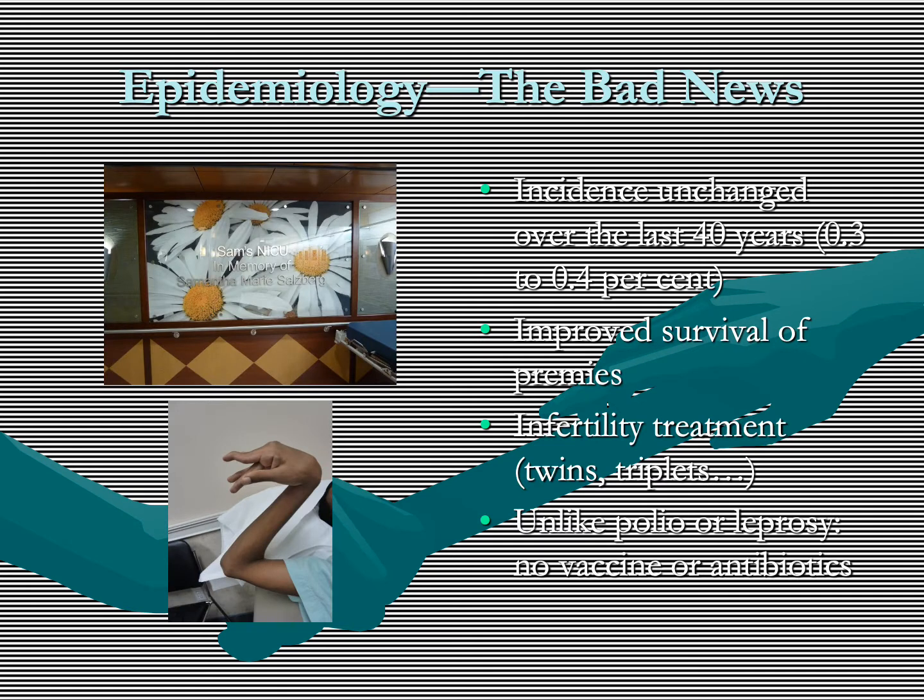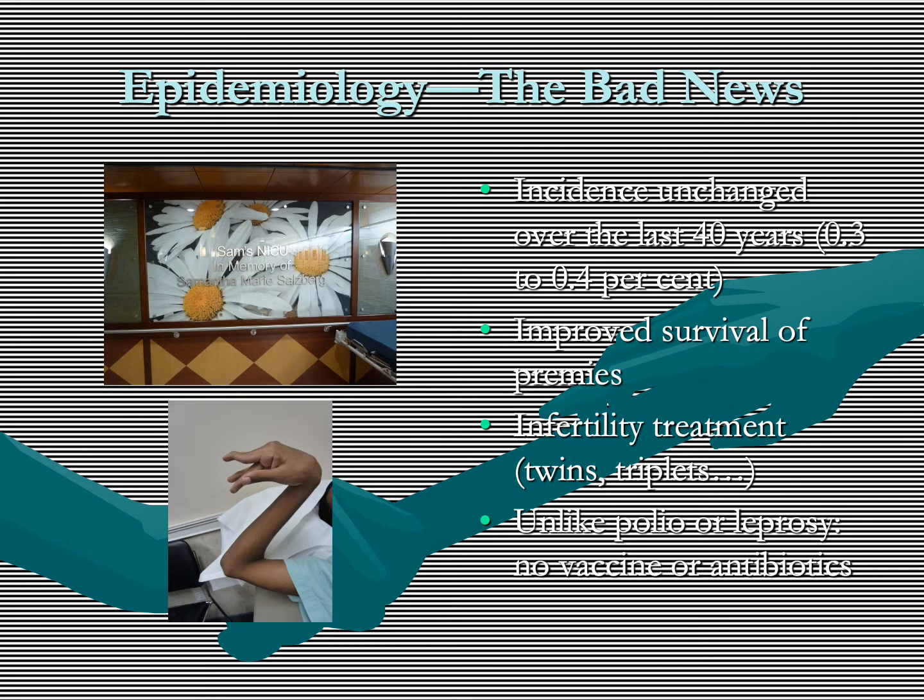The news from the epidemiologists is not good. The incidence of this problem is unchanged over the last 40 years in the Western world. This is probably related to improved survival of premature infants, as prematurity is one of the main risk factors for the development of this problem.